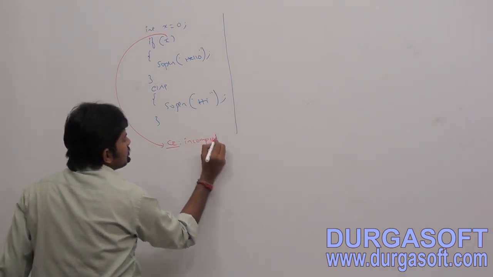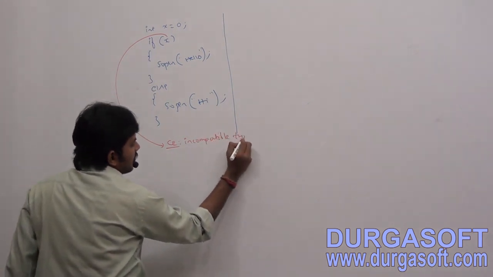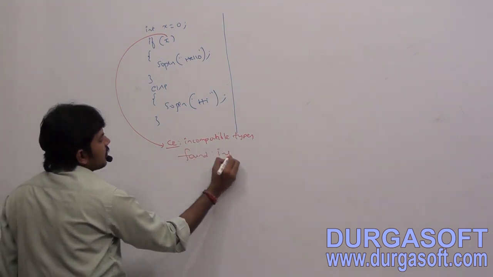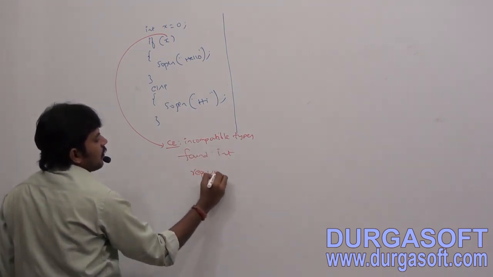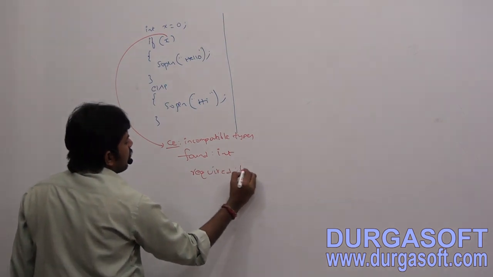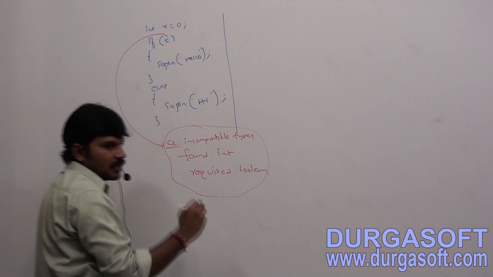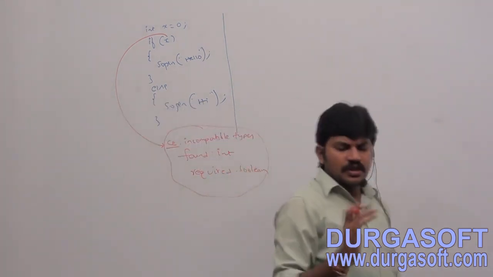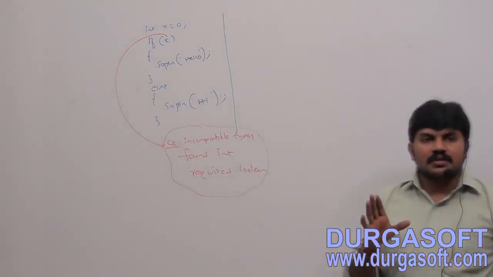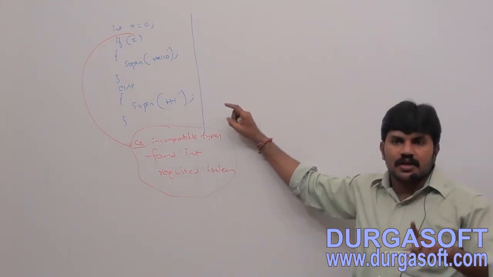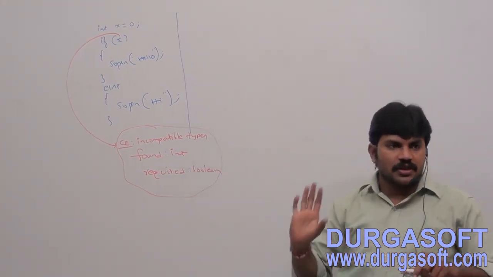Incompatible types: found int but required Boolean. In old languages like C or C++ this is valid and hi is the answer there, but in Java, no such terminology.